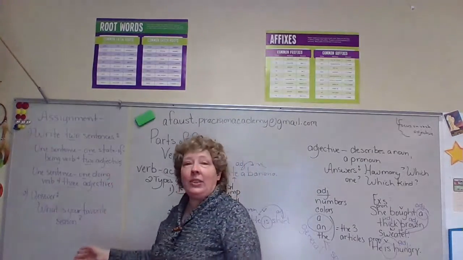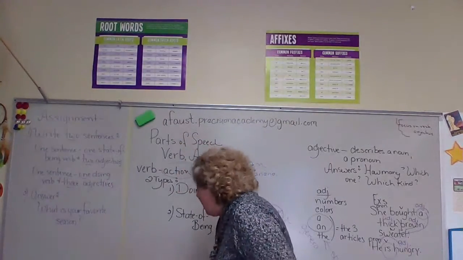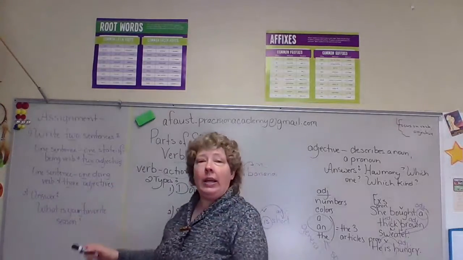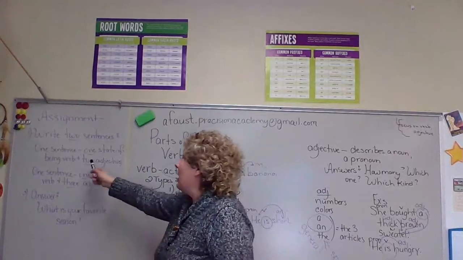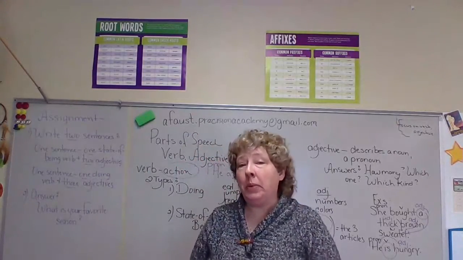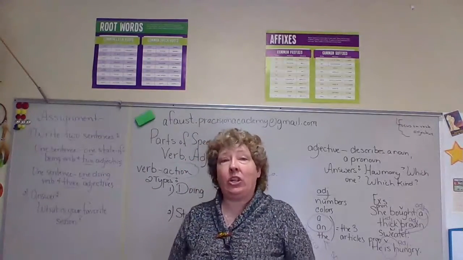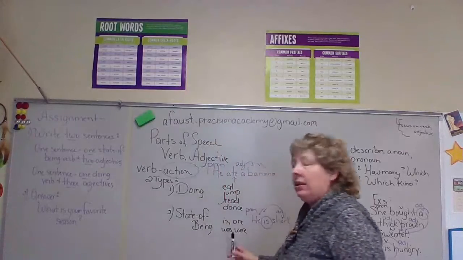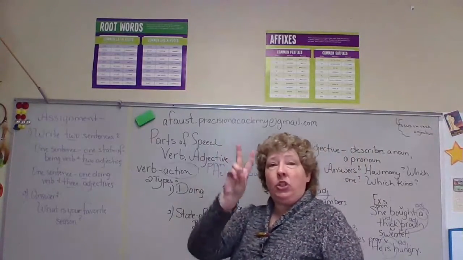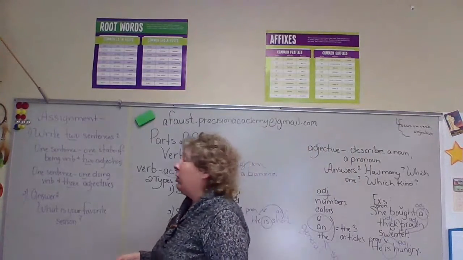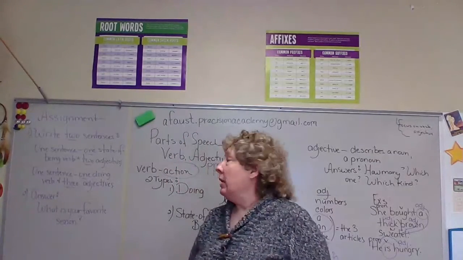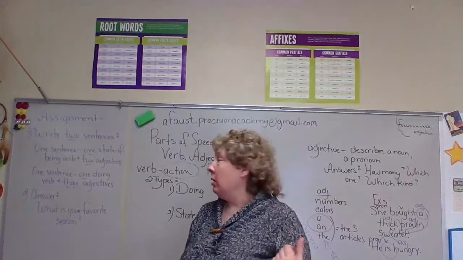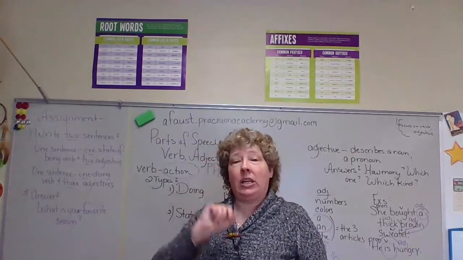Please make sure you jot this down. Here we go. For number 1, I need you to write 2 sentences. One sentence has one state of being verb and 2 adjectives. So look at your list, state of being, and come up with 2 adjectives. Look at my examples. One sentence with one doing verb and 3 adjectives.